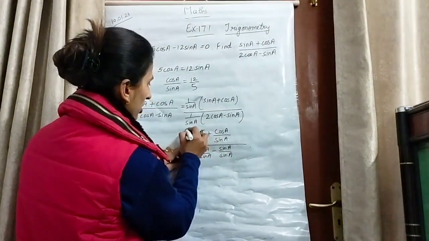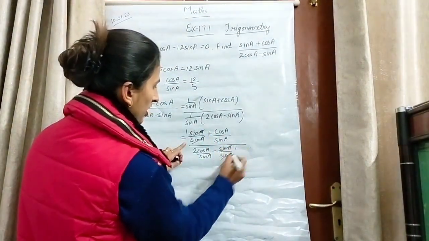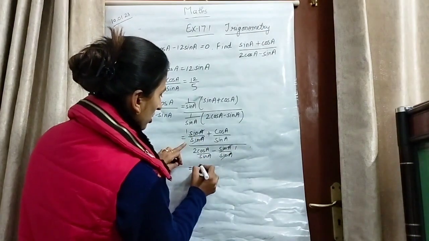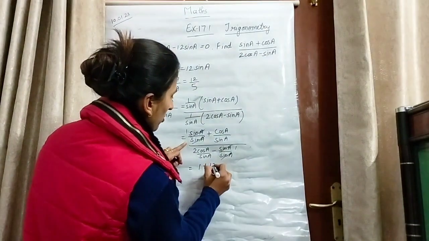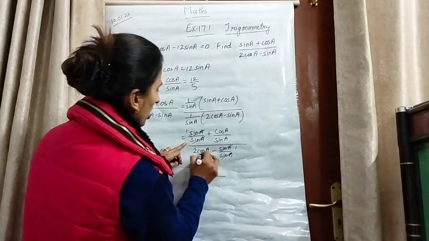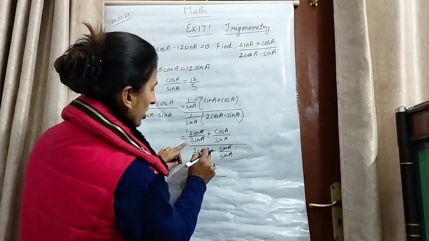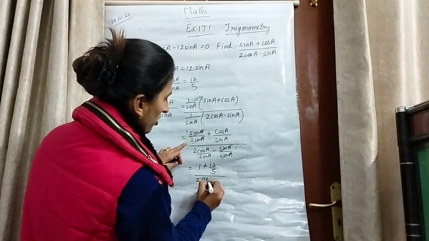Now sin A cancel each other by 1. So the value in the numerator is 1, and cos A upon sin A is 12 upon 5. Again it is 2, and cos A upon sin A is 12 upon 5.